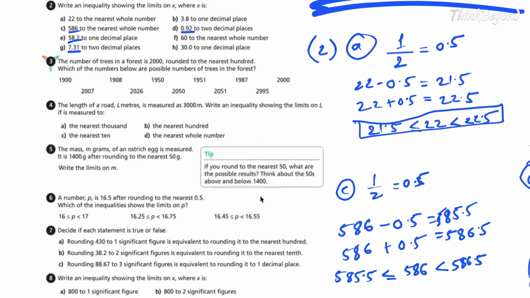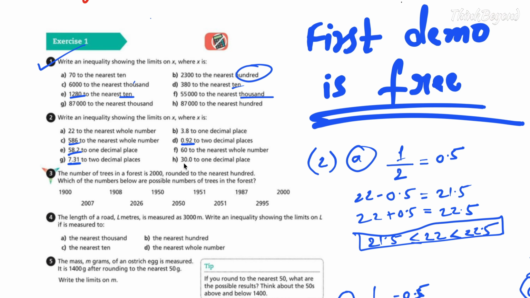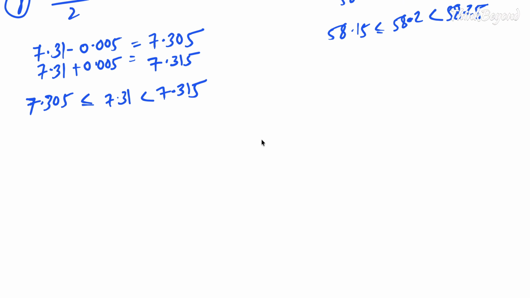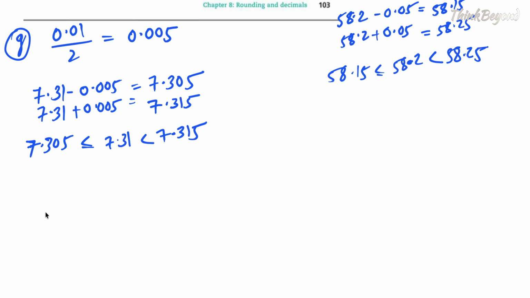Okay, now the last question left, 30.0 to 1 decimal place. 1 decimal place, it means 0.1. Half of 0.1 is 0.05.